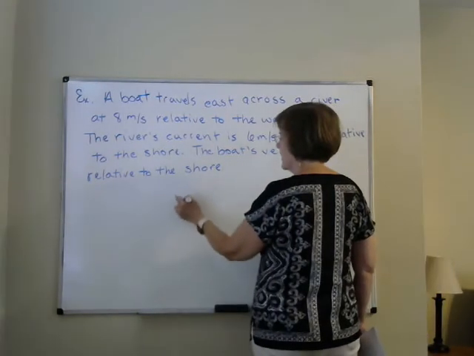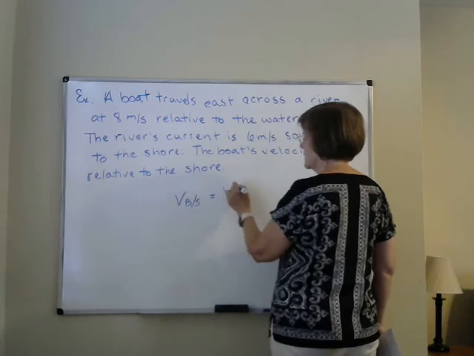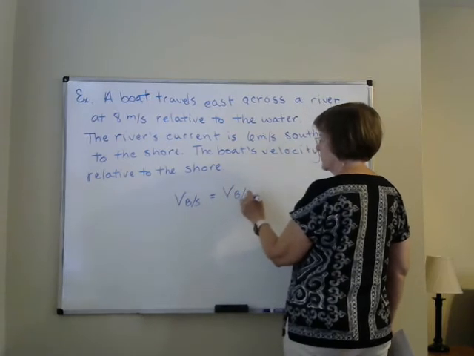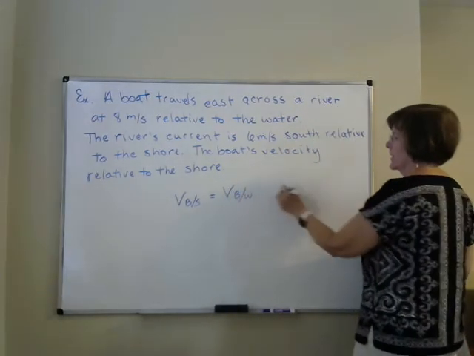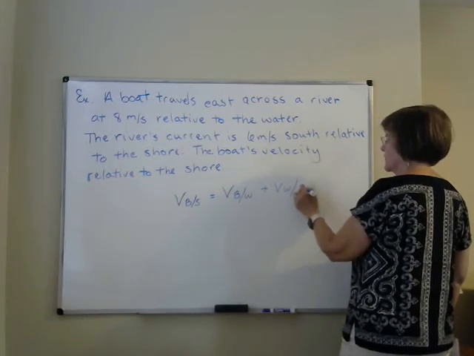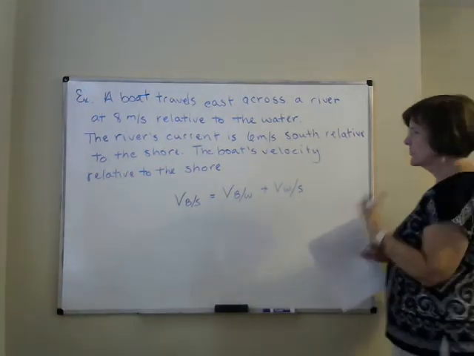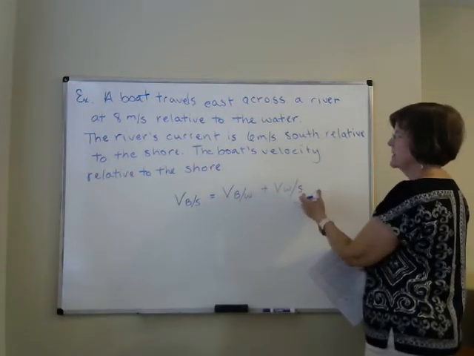Well, the velocity of the boat relative to the shore is going to be the velocity of the boat relative to the water plus the velocity of the water relative to the shore. I know what those vectors are. I can draw a picture. I'm going to have to add these 2 vectors.